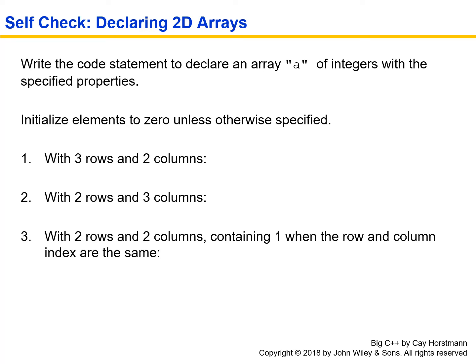So you can check yourself here and try to write a code statement that declares an array called A of integers with this: 3 rows and 2 columns, 2 rows and 3 columns, and 2 rows and 2 columns where the diagonal, the place where the row and column are the same, gets a 1 and everything else gets a 0.